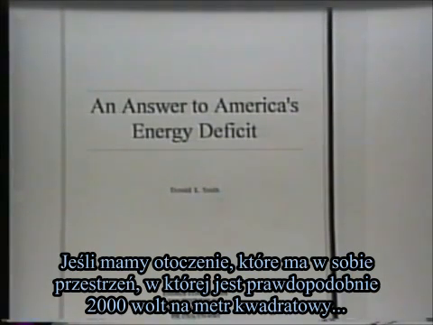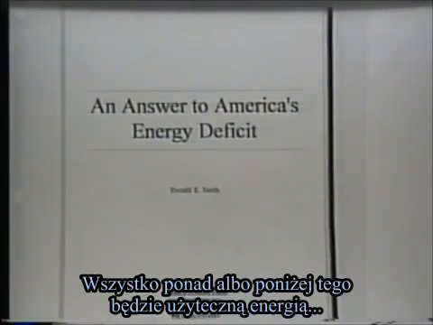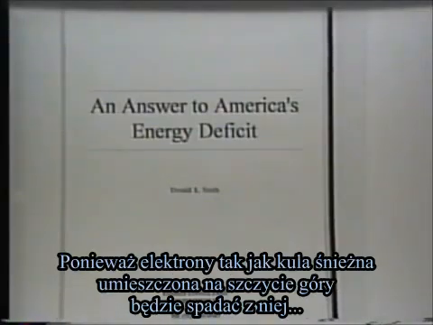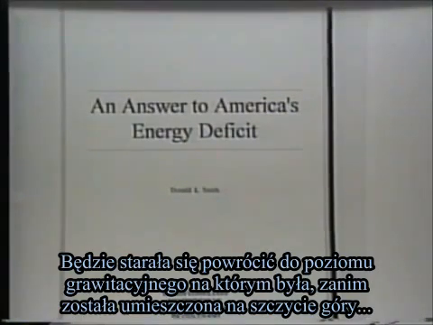So basically what we're doing, if we have ambient, which is background, where you're sitting is perhaps 200,000 volts per square meter, anything above or below that is going to be useful energy. Because the electrons, just like the snowball that you put on top of the hill and you roll it down the hill, it's trying to get back to the gravitational level which it was before you put it up on top of the hill.